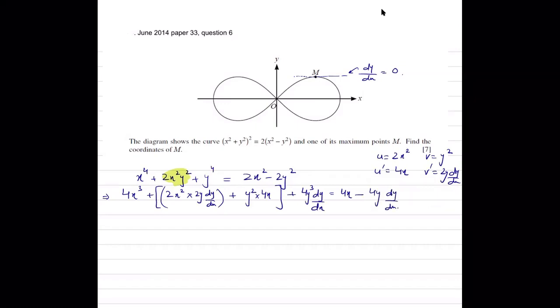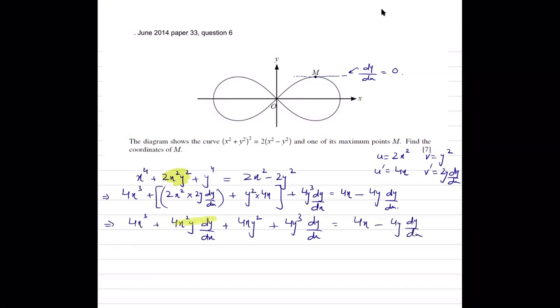Collect all the dy by dx on one side. To simplify this, 4x cube plus 4x square y dy by dx plus 4xy square plus 4y cube dy by dx equals 4x minus 4y dy by dx.